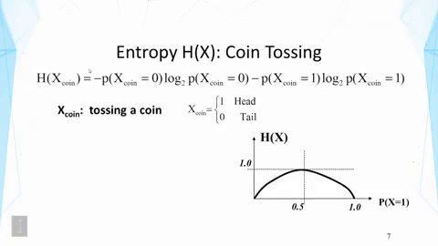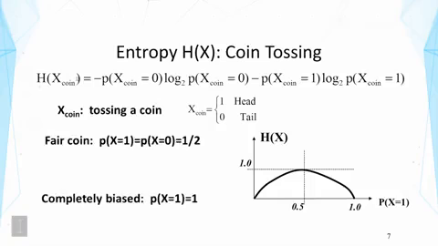So we can define a random variable x sub coin so that it's 1 when the coin shows up as head and 0 when the coin shows up as tail. Now we can compute the entropy of this random variable, and this entropy indicates how difficult it is to predict the outcome of a coin toss.